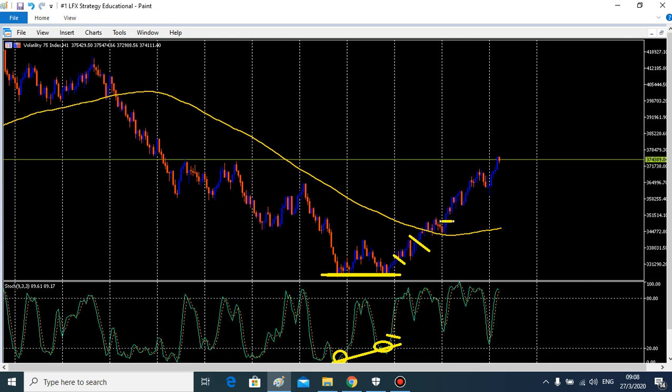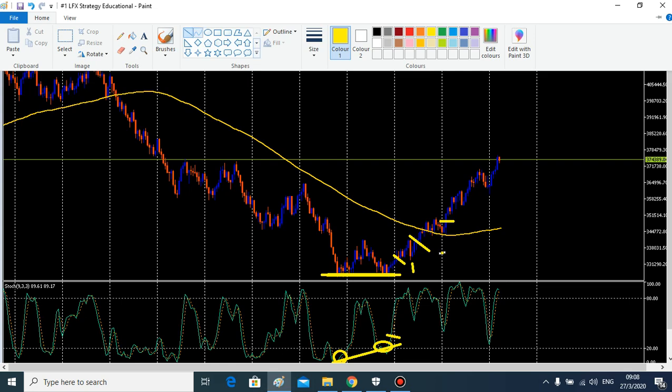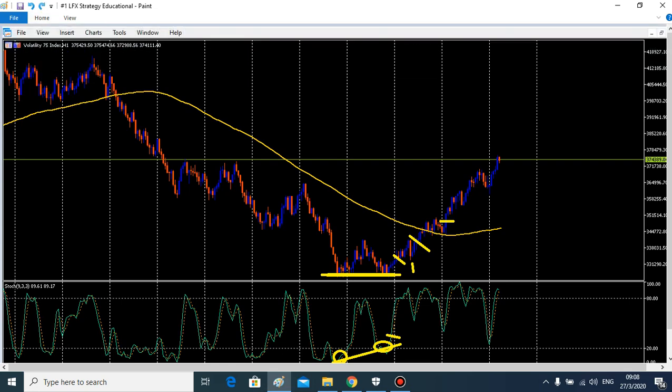So we've got 3 chances or 3 entries that we can use for our trades. This is number 1, this is number 2, this is number 3 entries, 3 opportunities for us to buy.